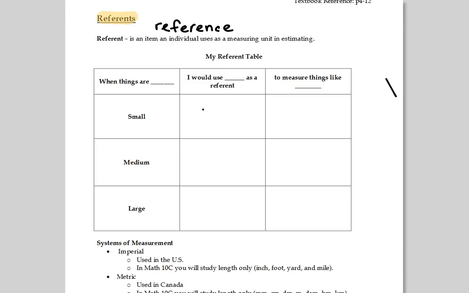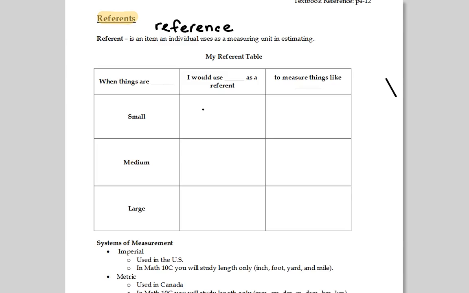You try to offer ideas that they already are familiar with. So if I was to say, how far is it to the classroom next door, you would say, well, maybe like, I don't know, 5 steps. What's a step? Is that a step? Do we all know what a step is?